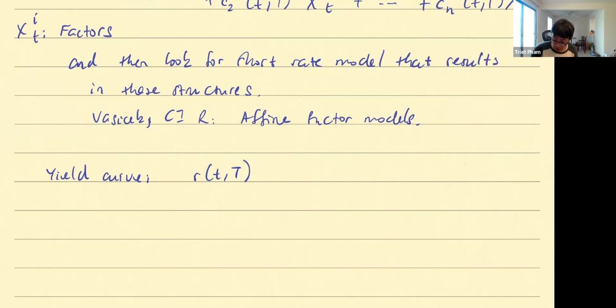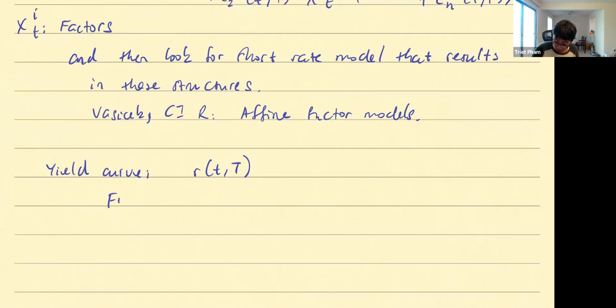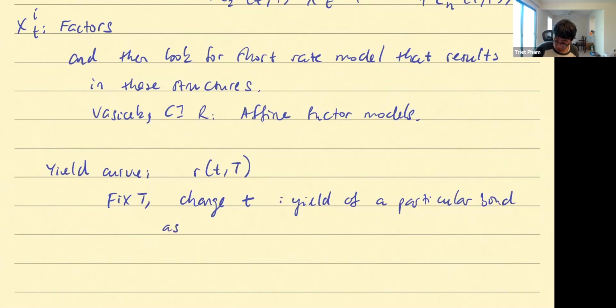So if you fix big T and you change little t, what you're looking at is basically the yield of a particular bond as t moves to maturity.